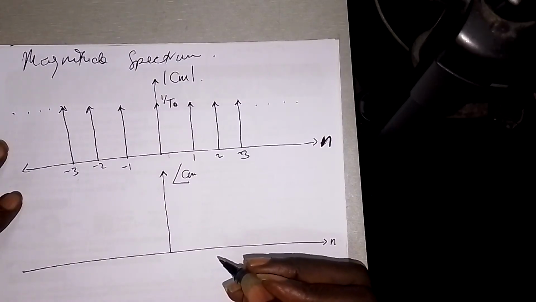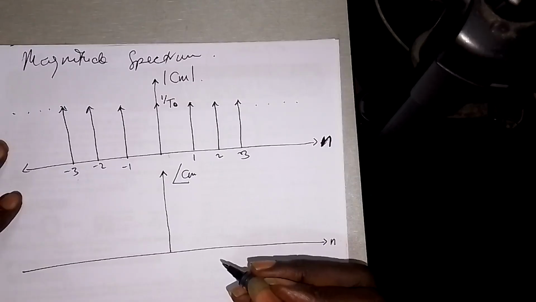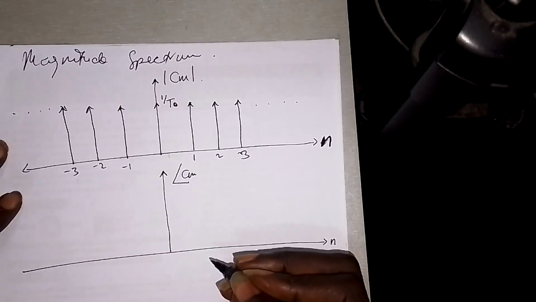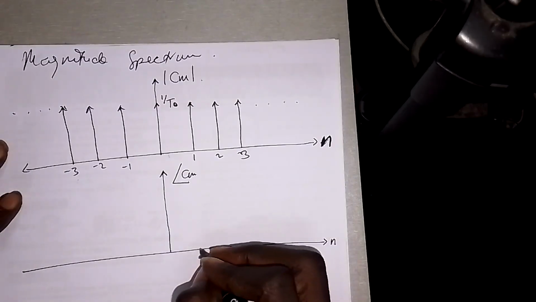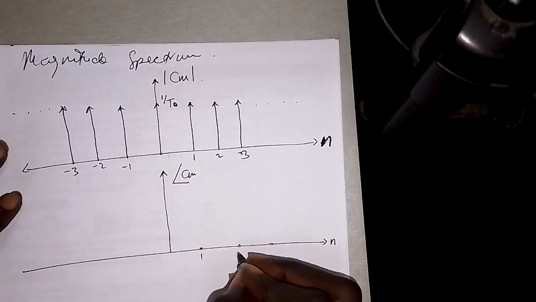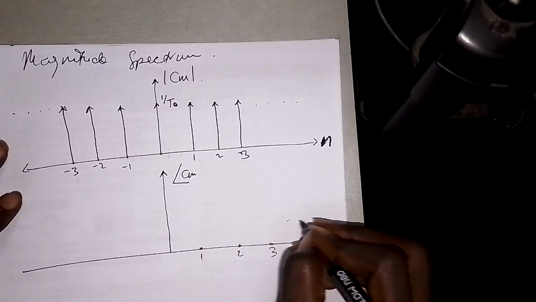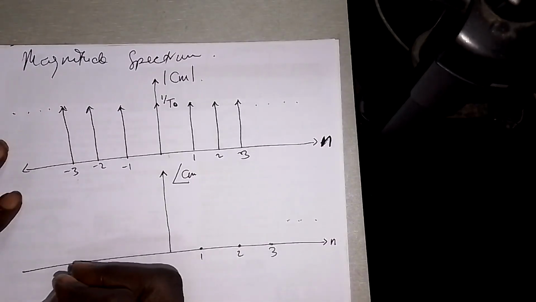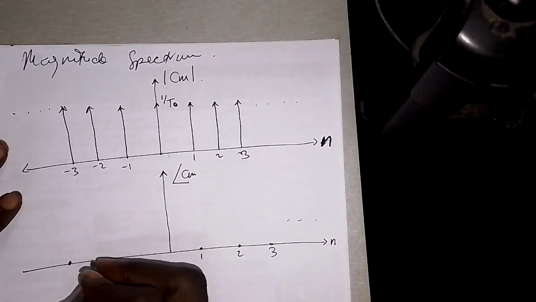Because our Cm is equal to 1 over T naught, it has no imaginary part, only a real part. In that case, the phase angle is going to be 0. So here is 1, 2, 3, and the phase angle is 0, and it goes on and on and on.